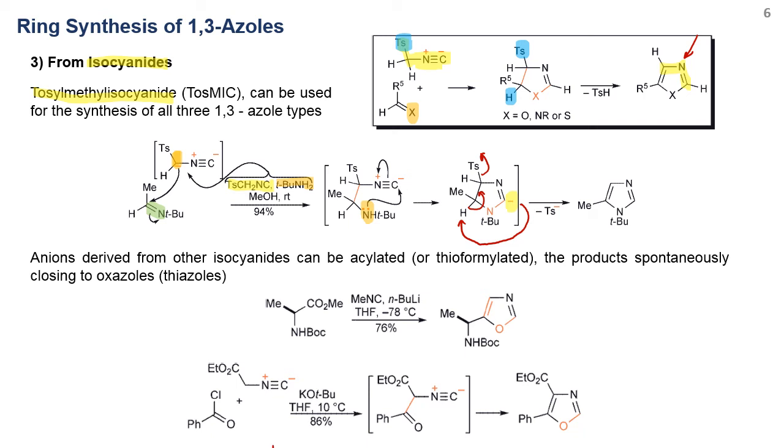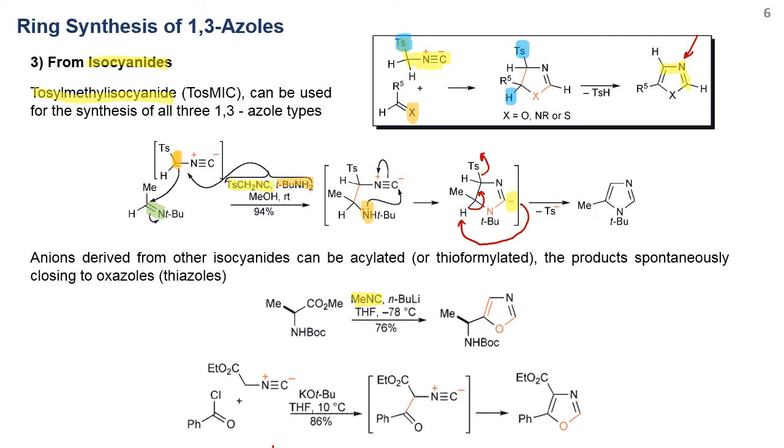If you use just a simple methyl isocyanide instead of tosylmethyl isocyanide, you don't have the leaving group here, so you need to put the leaving group in your other species.